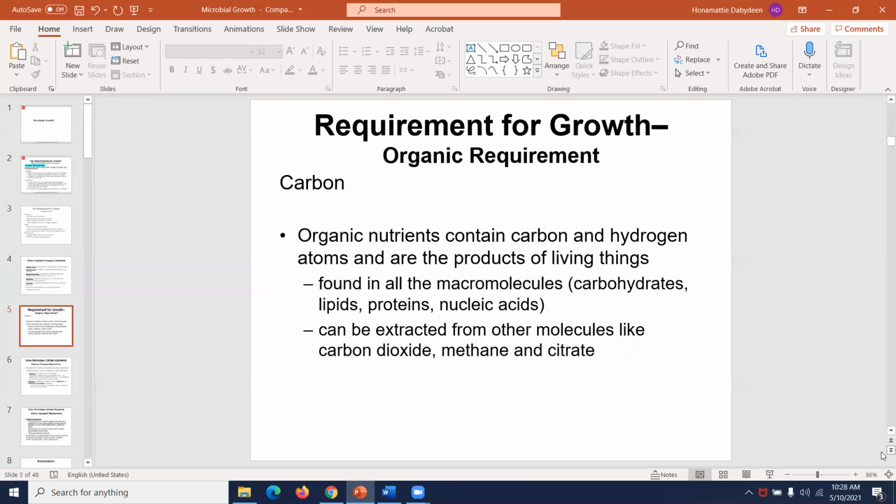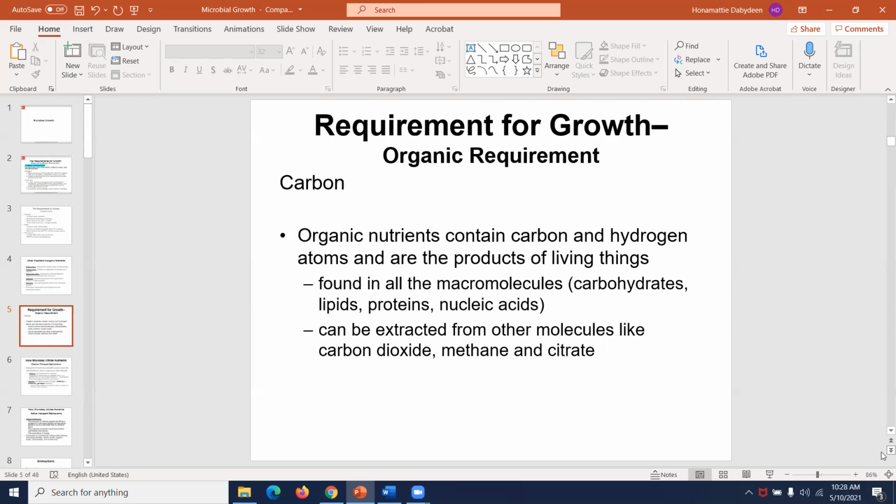Now, some organic requirements. Every time you see carbon present in something, they're usually organic compounds. So it revolves around the carbon element. Organic nutrients contain carbon and hydrogen atoms, and usually they're the products of living things.